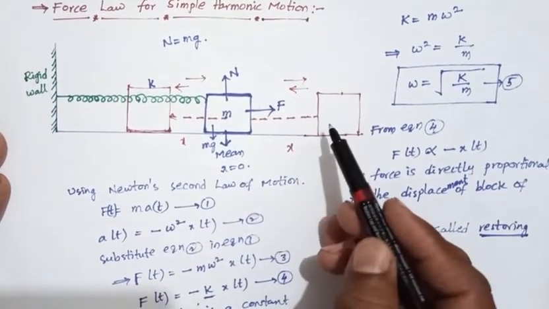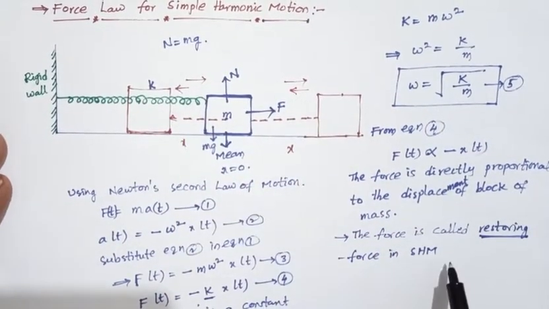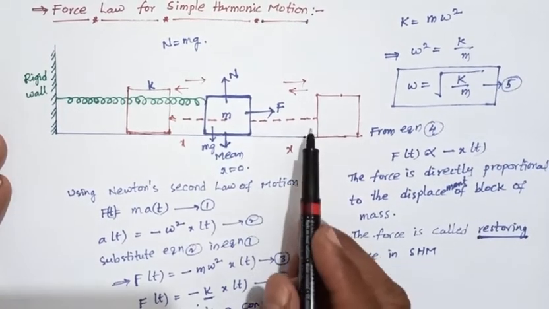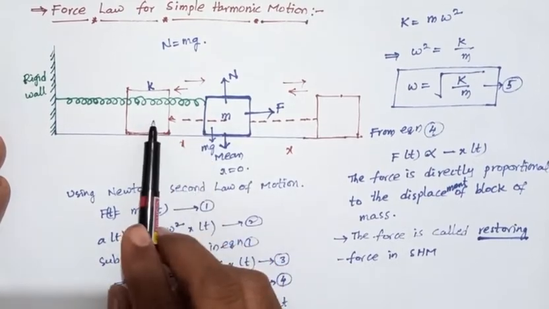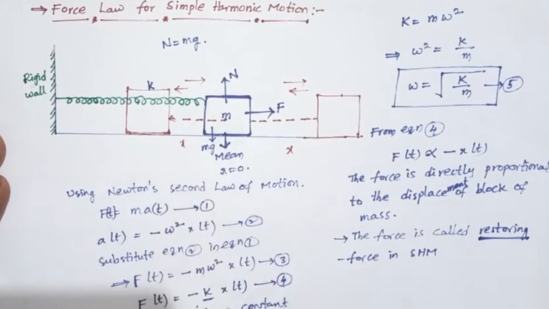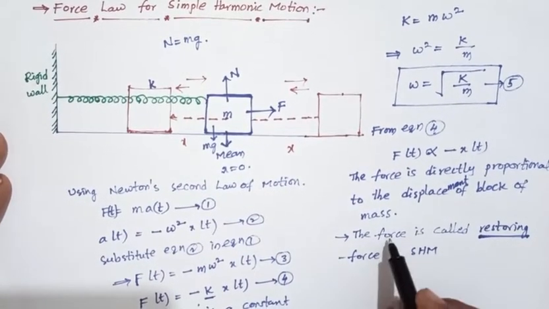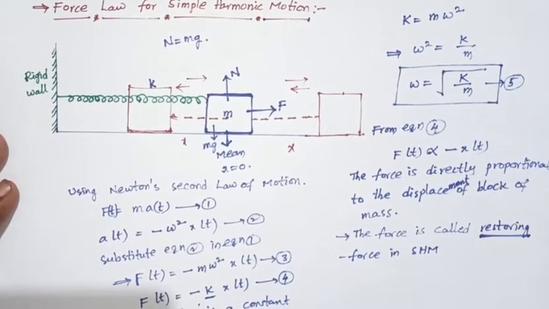The force applied on the spring is called the restoring force. It comes to the mean position, whether from the left hand side or right hand side. The force is opposite to the displacement. So in simple harmonic motion, the restoring force is towards the mean position.